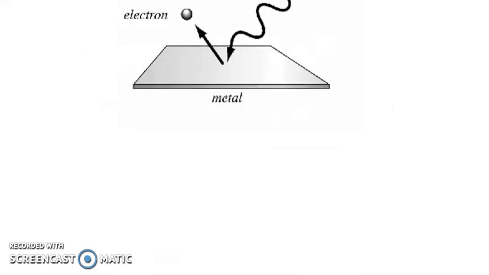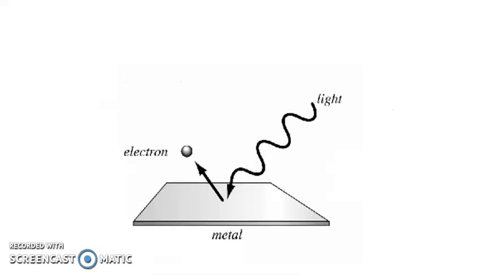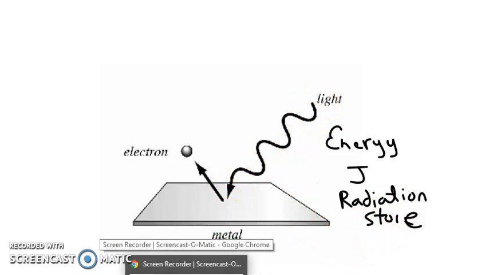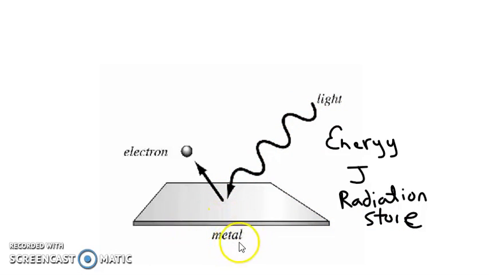So if we take a look at what's happening with the photoelectric effect, you've got energy in joules here, and this is in a radiation store of energy. Let's assume that you've got so many joules here. The photoelectric surface is like your bank.